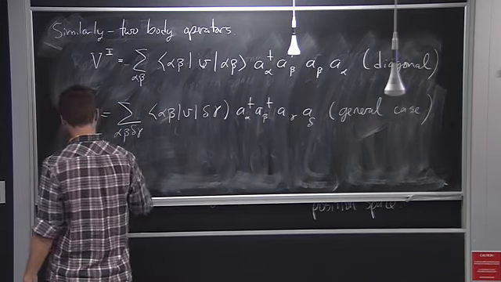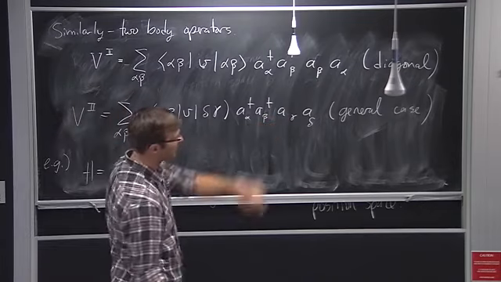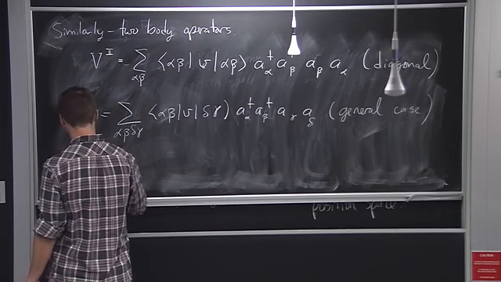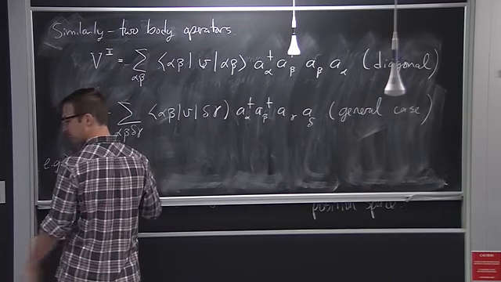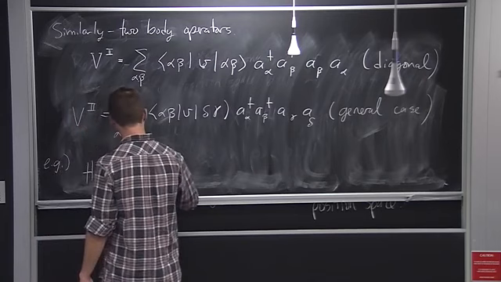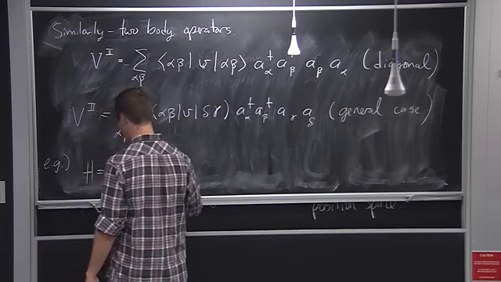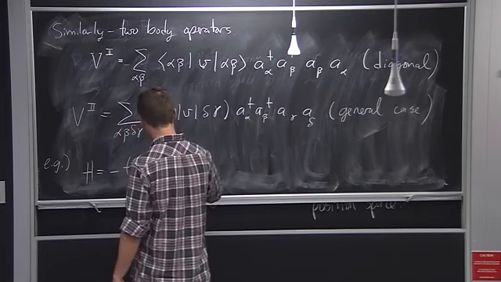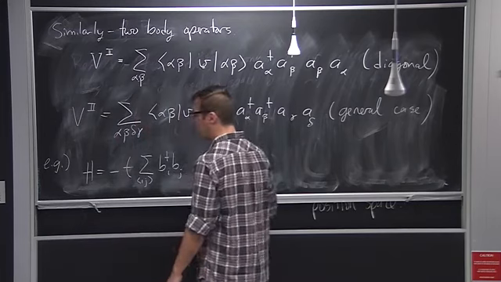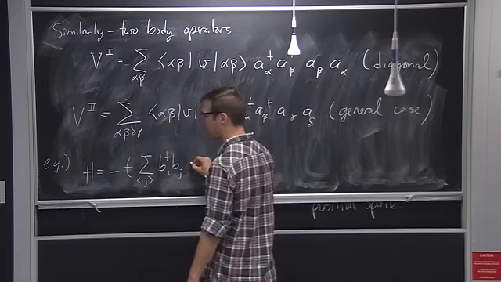So for example, a first quantized Hamiltonian looks like that thing up there. A second quantized Hamiltonian will just look like, let me write something I can think of off the top of my head. So here's the second quantized Hamiltonian for a lattice Bose-Hubbard model. Now the raising and lowering operators for bosons are often written as B's.